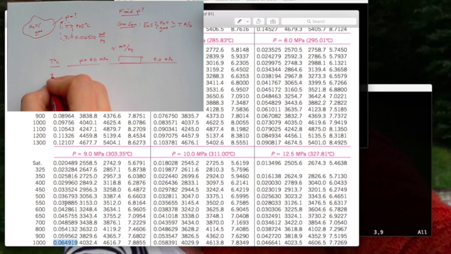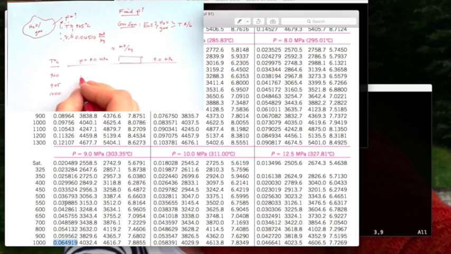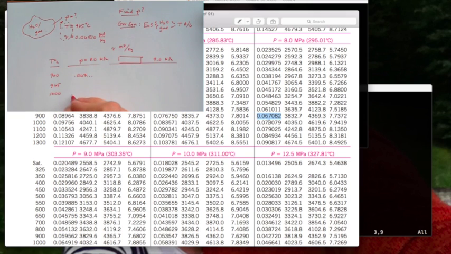Our temperatures, though, are bounding our desired temperature of 965 degrees centigrade. So at 900, as we saw a second ago, we have 0.067 and some trailing figures. And at 1000, we have 0.073.